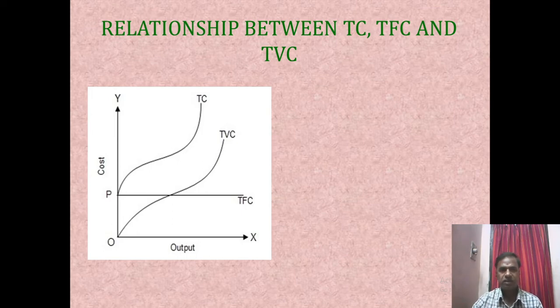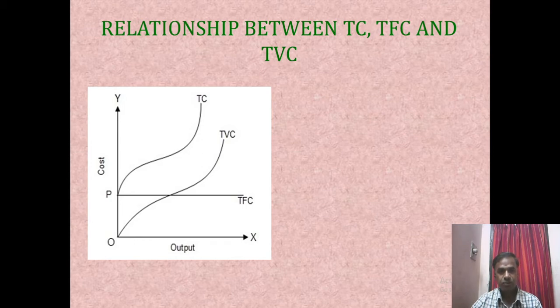The reason for the S-shaped TC and TVC is also the law of variable proportions. First, TC and TVC increase at a decreasing rate. Later, both TC and TVC increase at an increasing rate.